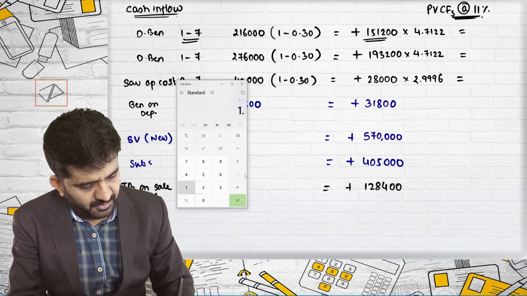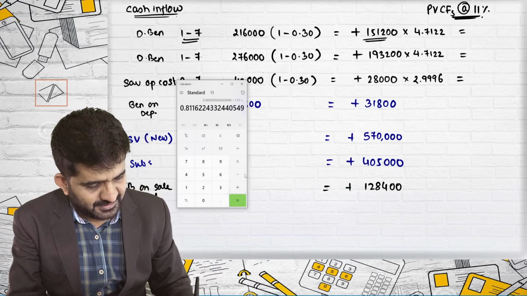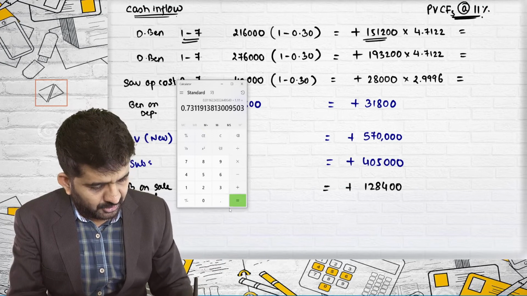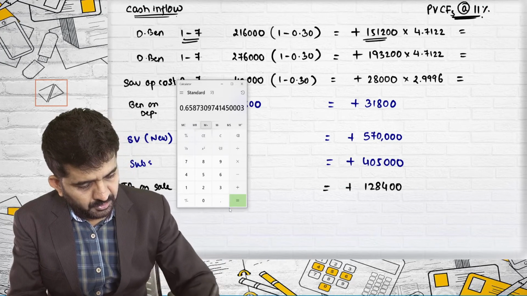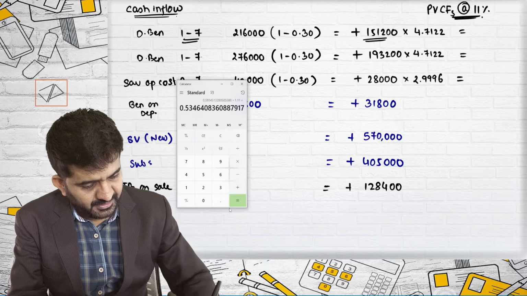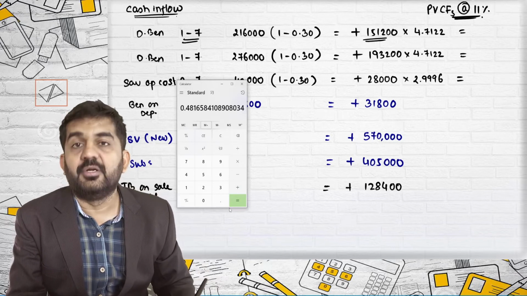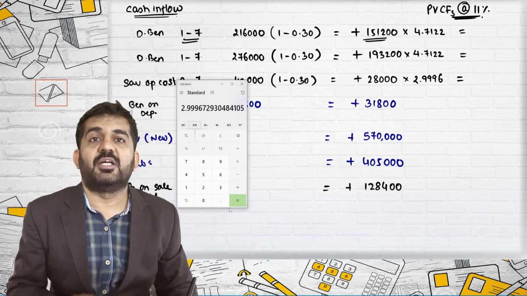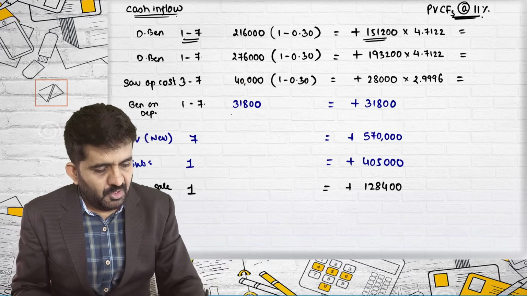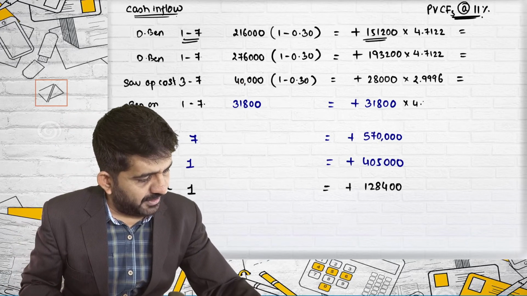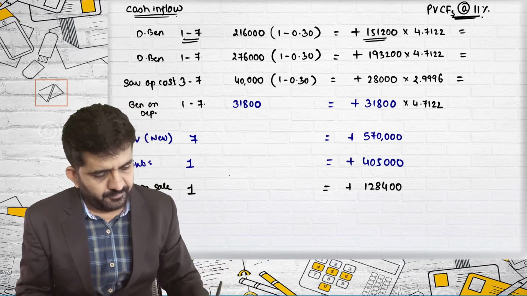Let me once again explain how I have solved it. 1 divided by 1.11: the first and second years I have skipped, then the third, fourth, fifth, sixth and seventh years I have added. For 1 to 7 years I already know the factor, 4.7122.